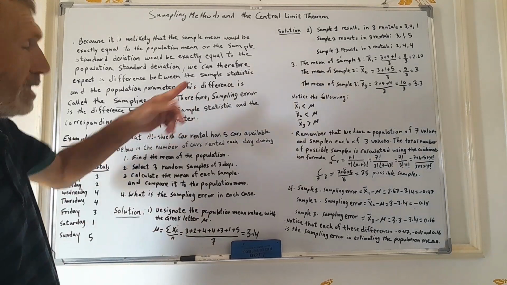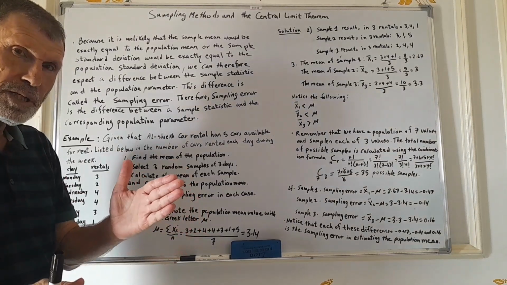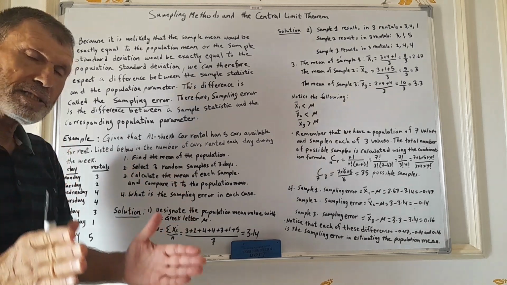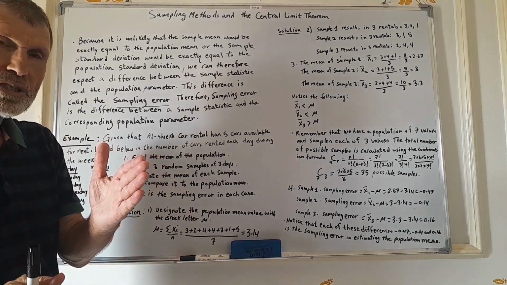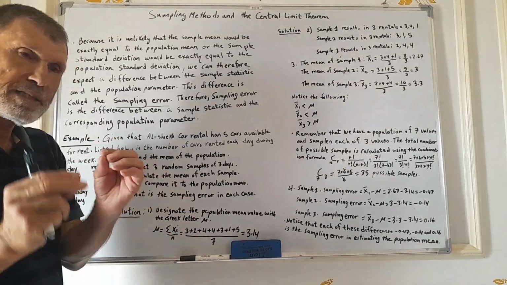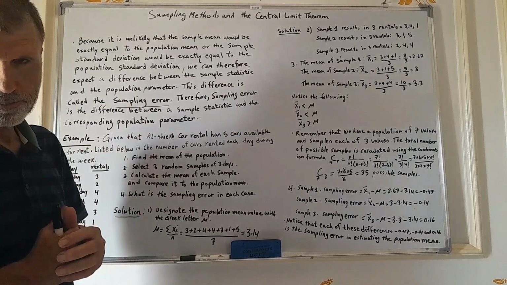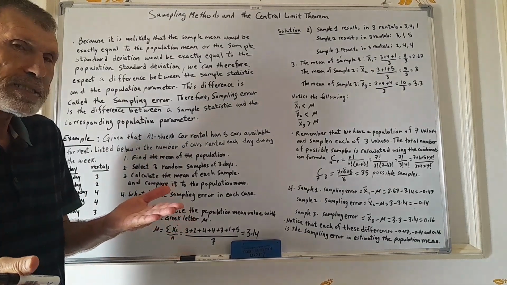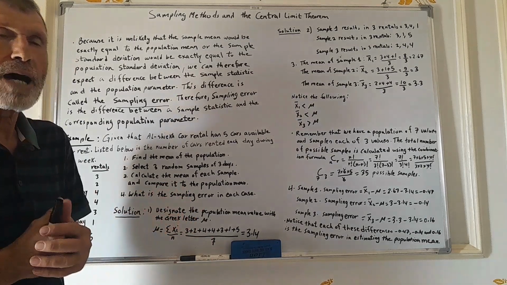Therefore, this difference between the sample mean and the population mean, and the sample standard deviation and the population standard deviation, is called sampling error. So the difference between the sample statistic and the population parameter is called sampling error.